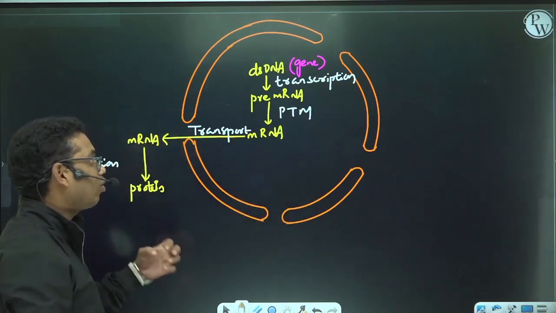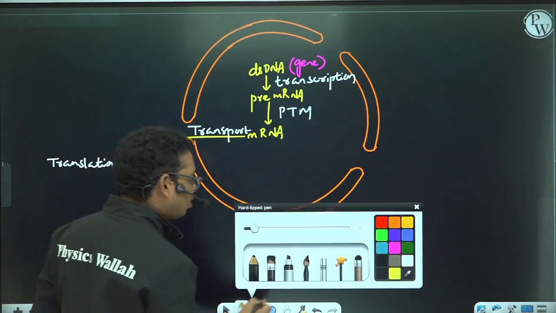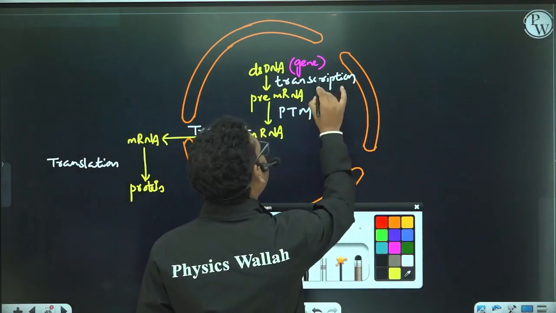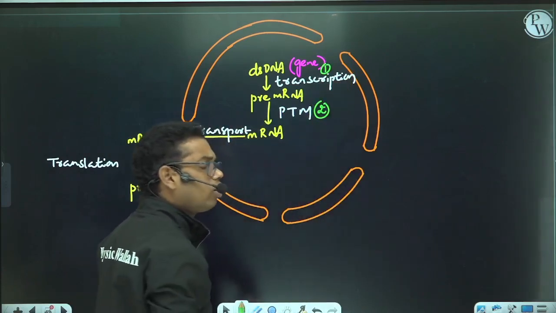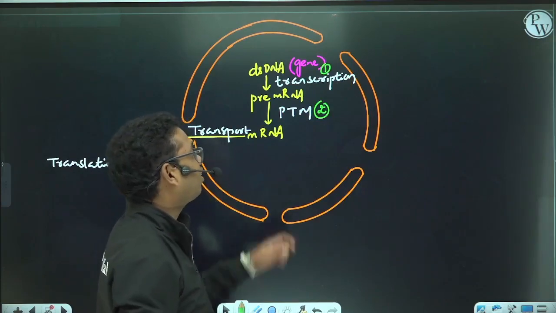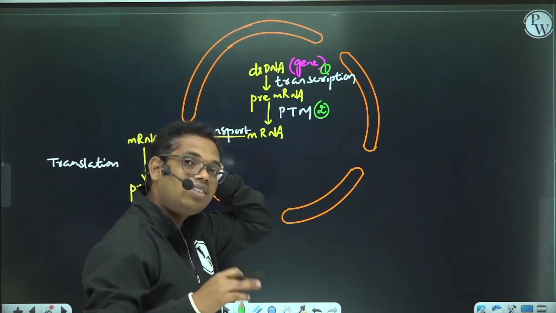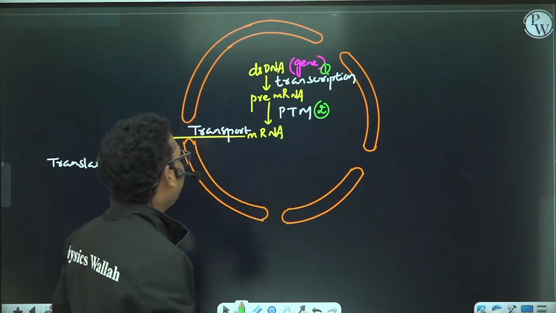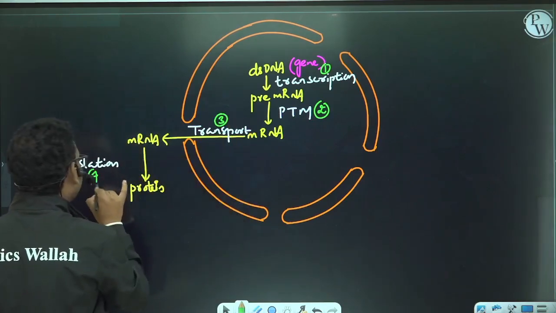The regulation of gene expression can be controlled at 4 different levels. First level is the transcription level. Second is the post-transcriptional level, which will include splicing. At the transcription level, I will regulate gene expression at the initiation level. Third is the transport level. Fourth is the translation level.